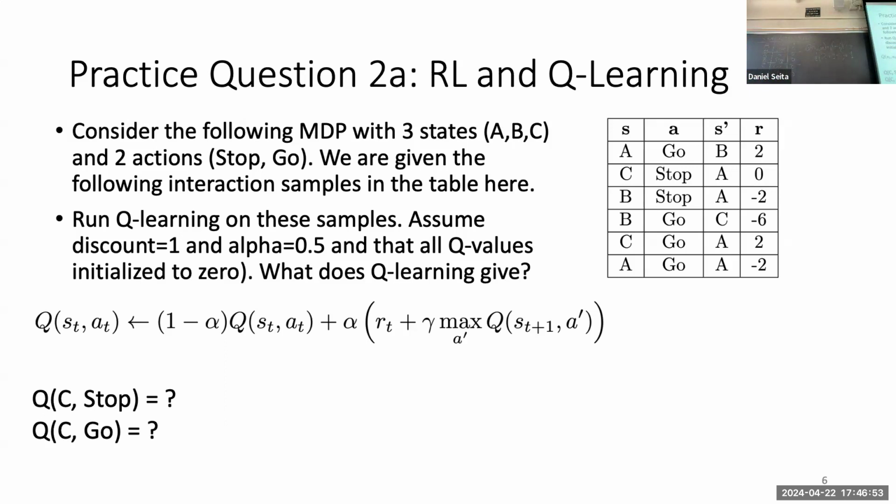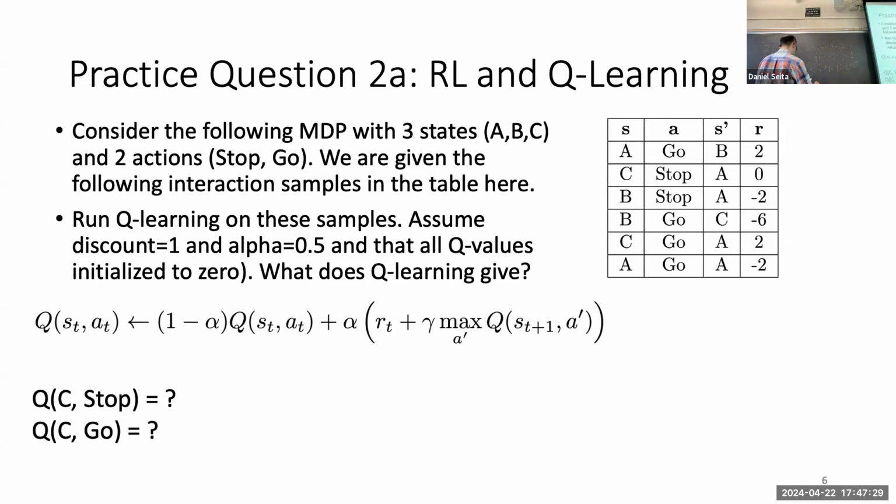Now the second iteration, of C, stop. It's the same thing. It's multiplied by the current Q value, which is nothing, so it's 1 minus 1/2 times 0, so it goes away. Plus 1/2. Oh, the reward is 0.